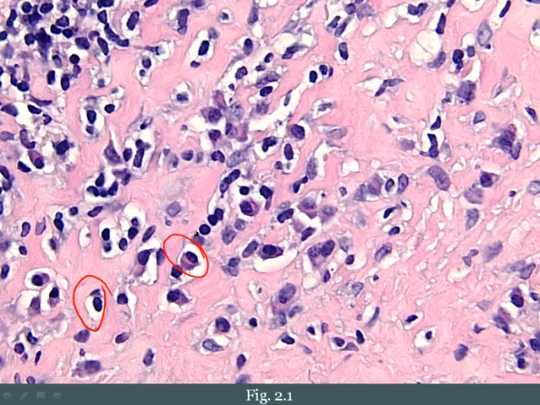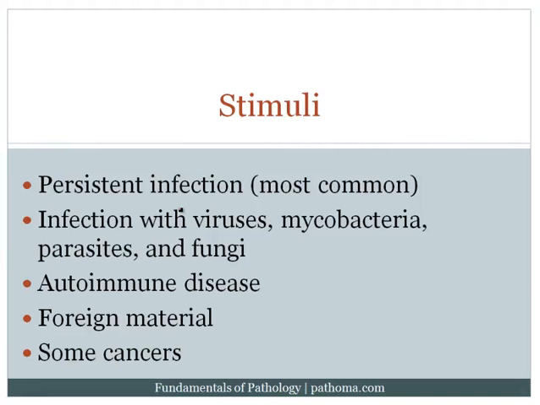I'm going to erase it so you can now see it, but this is the plasma cell with the nucleus pushed off to the side and this little area of glassy, shiny cytoplasm, which is characteristic of the plasma cell. Adjacent to it here is a lymphocyte. These are the hallmark cells of chronic inflammation.